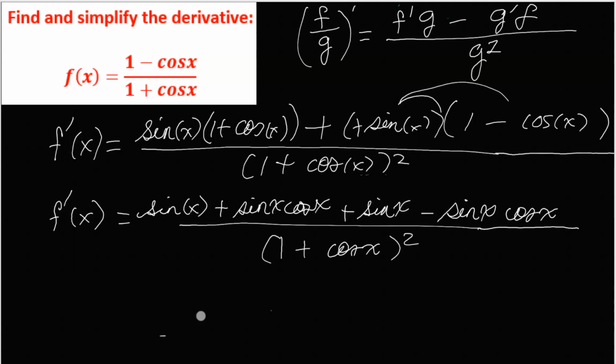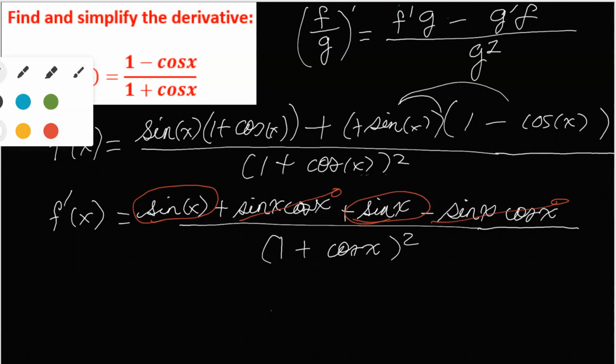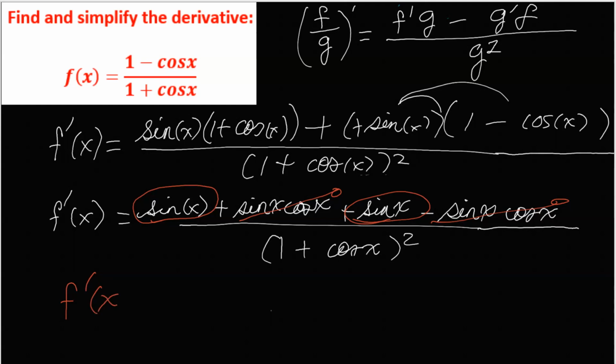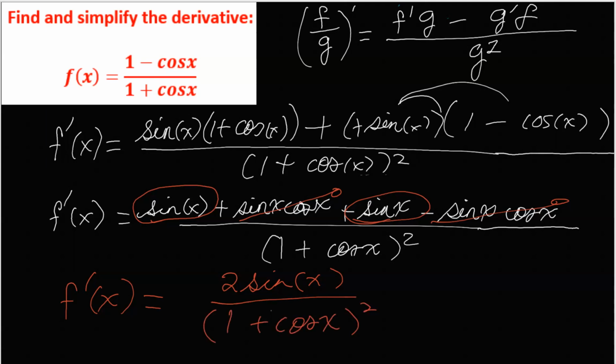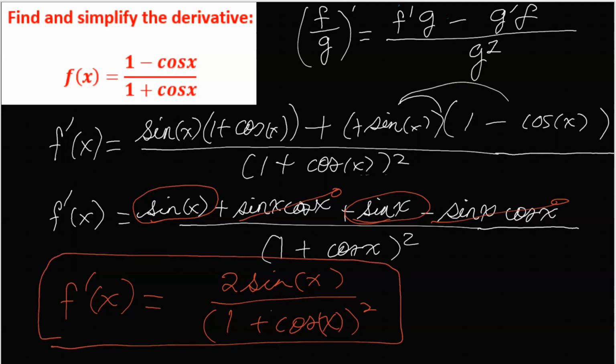I see a minus and a plus. That is 0, right? A number minus itself is 0, and then you have sine of x and another sine of x. So you will have the derivative of f of x being 2 sine of x divided by (1 plus cosine of x) squared. There you go. That is the quotient rule.